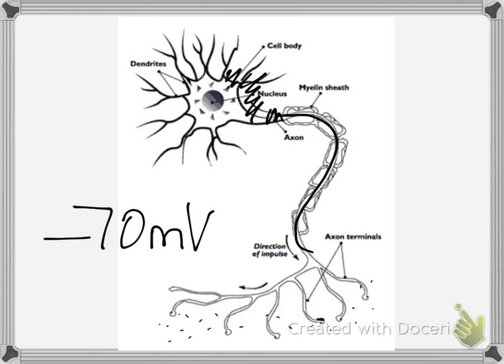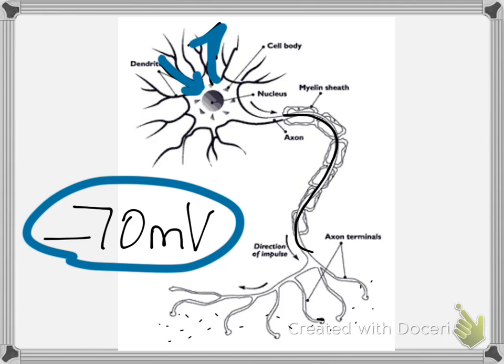And as they go along, they're going to close up in a chain reaction, just like they did when they were opening. And something called the sodium-potassium pump is going to pump the negative ions back into the cell and the positive ions out of the cell, so that you can get back to that overall negative 70 charge and create conditions in which it can now create an action potential.